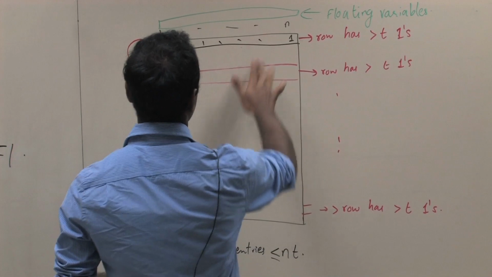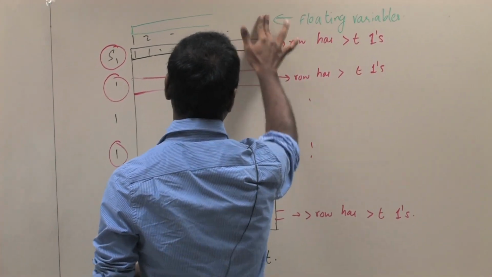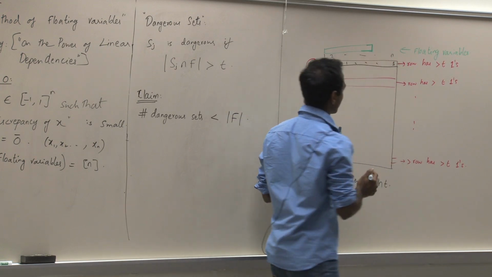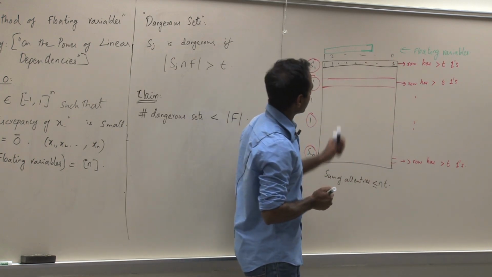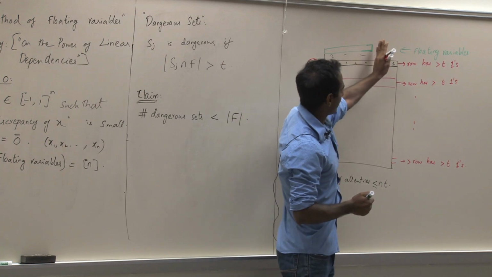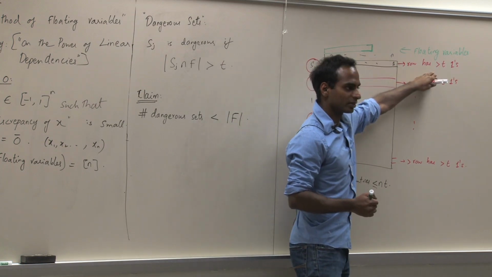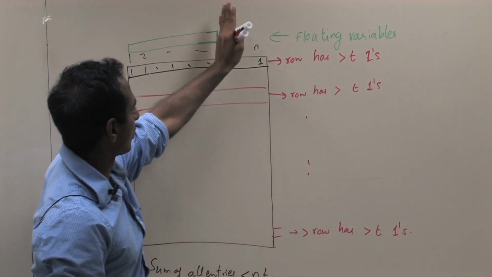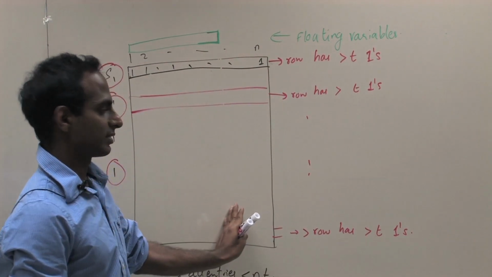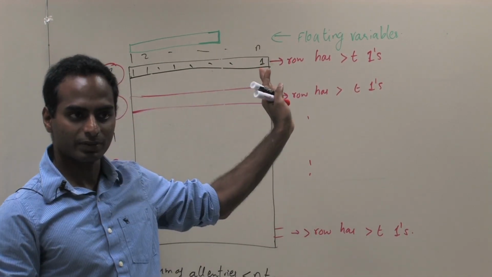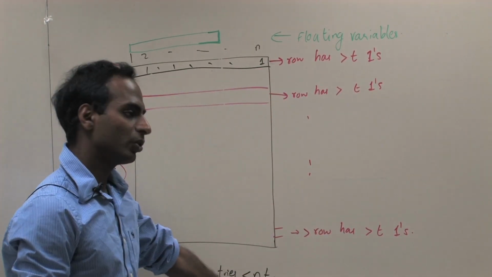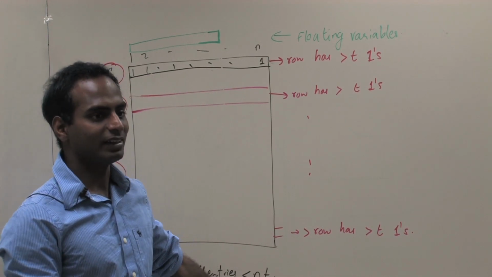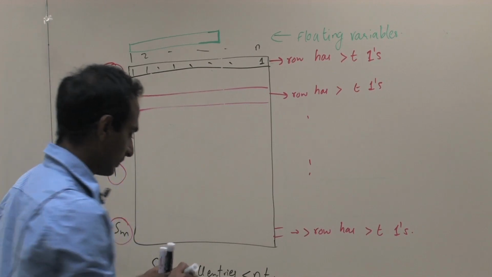More generally, if f was a subset, you can still use the same argument. Okay, and still each row restricted to the green columns has more than t ones. That's the definition of a dangerous set. And now if I only sum up the columns corresponding to the floating variables, the sum should be at most t times the size of f, right?